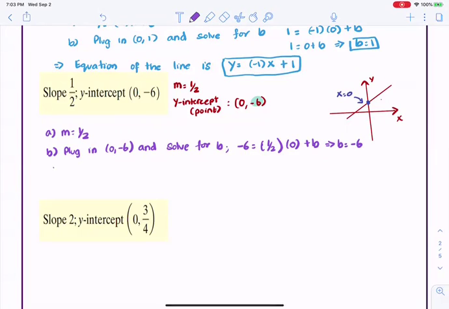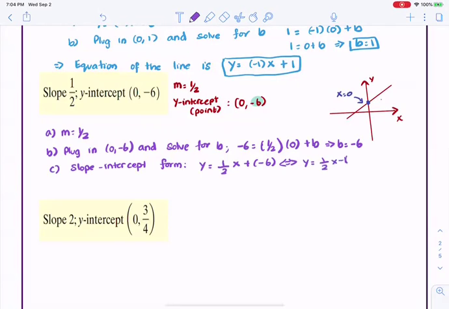So the slope-intercept form is y equals m, 1/2 times x, plus b. It is the same as saying 1/2 x minus 6.